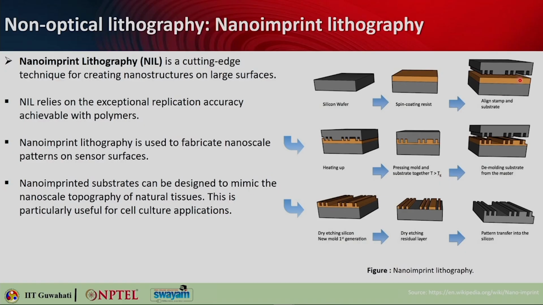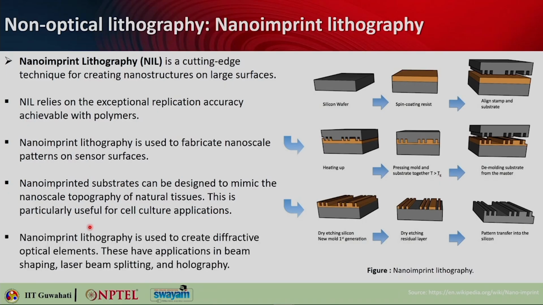So, you can actually go for any kind of complicated design, and this will be very useful for cell culture applications. Nano imprint lithography is used to create diffractive elements, and these have applications in beam shaping, laser beam splitting, and also in holography. So, that brings us to the discussion of different lithography techniques.